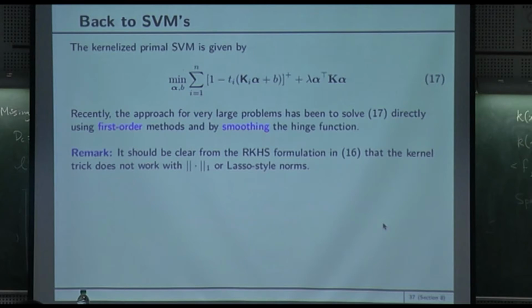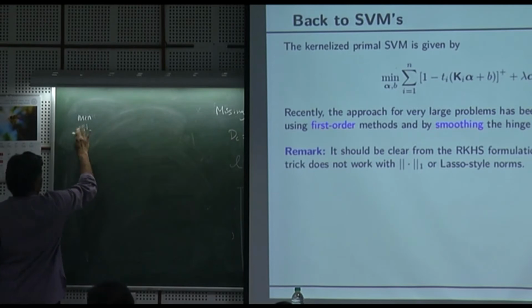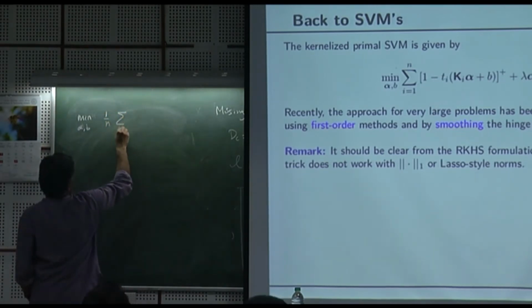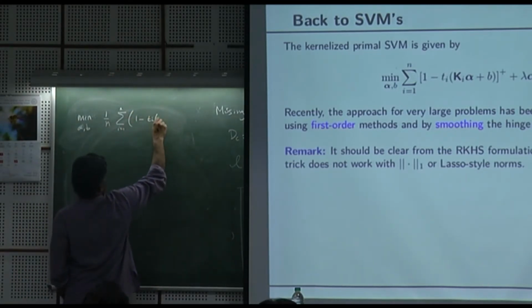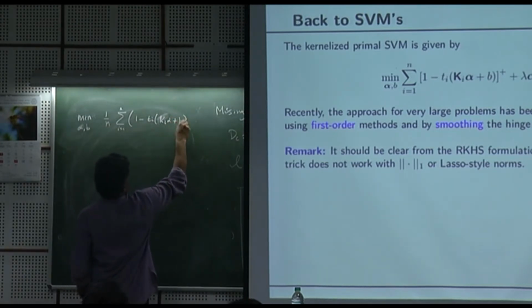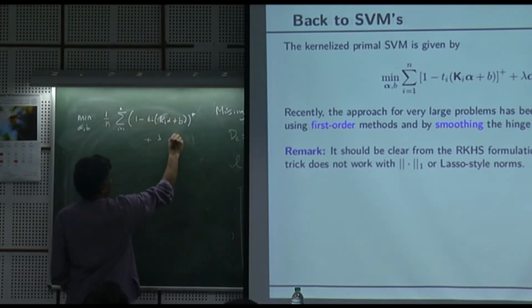The problem that I want to solve, I'm going to write a little bit differently. Let's call this: minimize over alpha and b, 1 over n, summation i going from 1 through n of (1 minus t_i (k_i alpha plus b)) positive part, plus lambda alpha transpose K alpha.